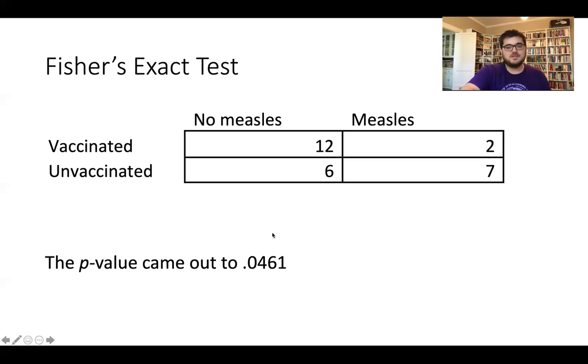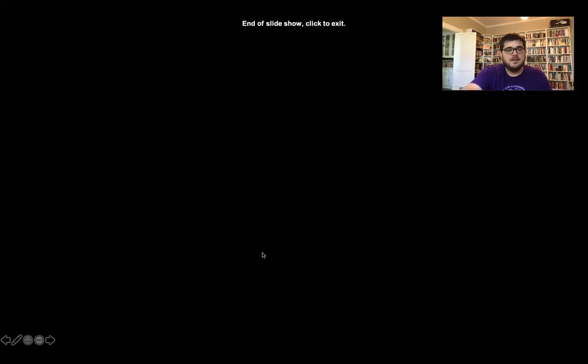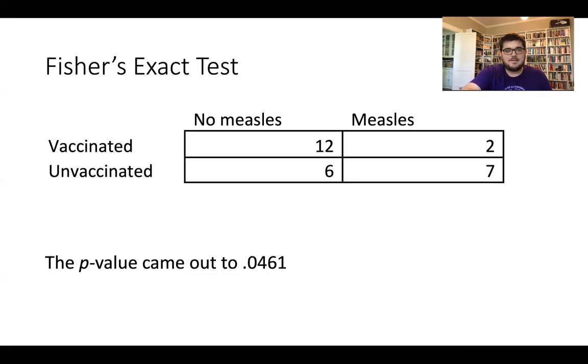It's just the probability of seeing this much of a discrepancy from what you'd expect if having measles or not and being vaccinated or not had nothing to do with each other. If that were the case, then the probability of seeing data this lopsided is less than 5%. That's all there is to it. There's no distribution.